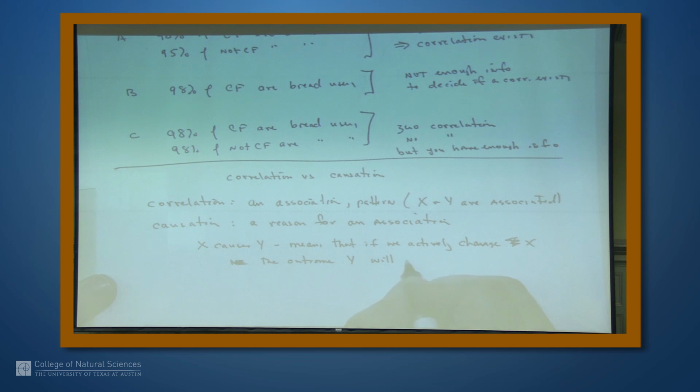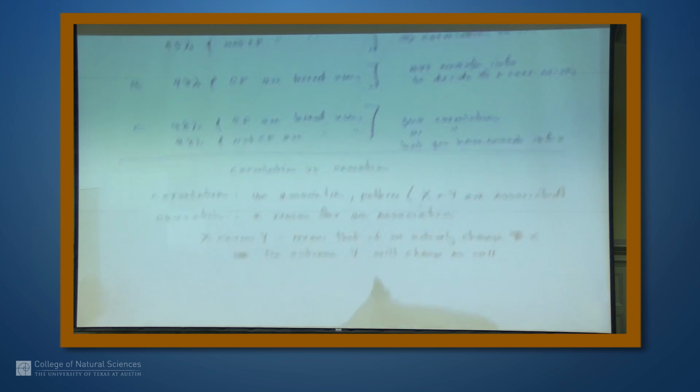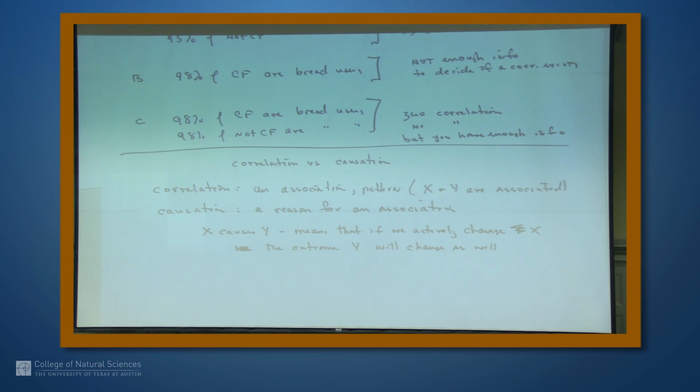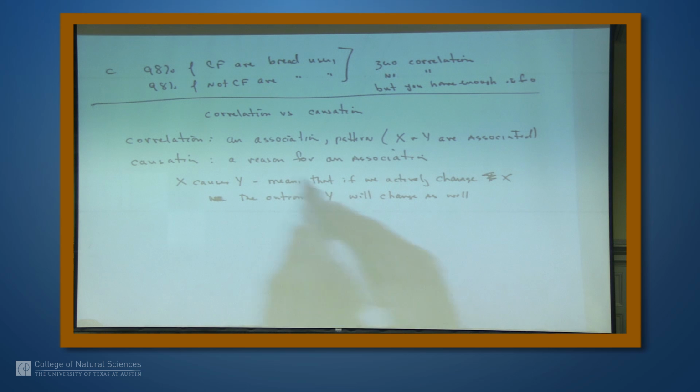I'm going to give you some explicit statements of this. So I'm going to contrast some statements here. Causation. Smoking causes lung cancer.